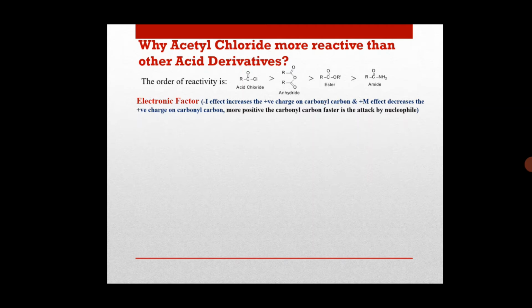The -I effect increases the positive charge on carbonyl carbon, and the +M effect decreases the positive charge on carbonyl carbon. And we know that the more the positive charge on the carbonyl carbon, the faster is the attack by the nucleophile.